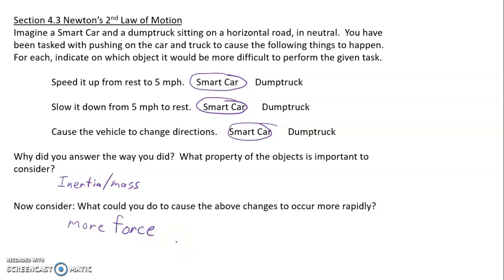So force and mass are important in terms of causing those three things to happen. And we know that all three of these things are acceleration. Force causes acceleration to happen, and the more mass something has, the lower that rate of acceleration is.